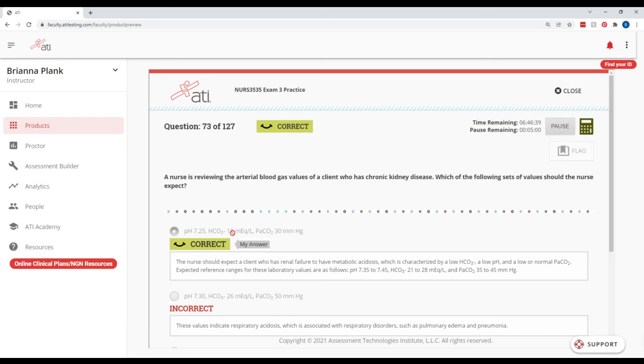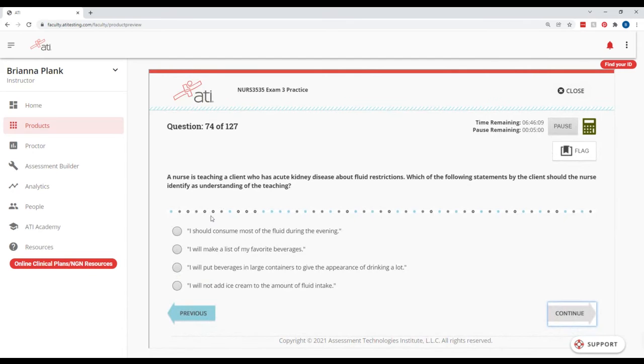Our bicarb is low. So when our bicarb is low, that's also going to drive our pH down. If our bicarb is high, that makes the patient alkalotic. When it's low, it makes the patient acidotic. So when we have chronic kidney disease, we're expecting the kidneys to not be producing that bicarb and helping regulate that acid-base balance equation.